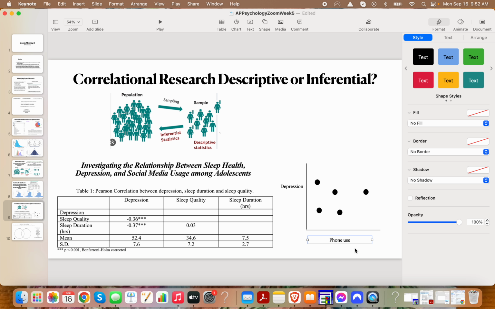So maybe I take a group of young ladies in a country that has no cell phones, and I give one random sample group a phone and I don't give the other group a phone, and I see what happens to their change in depression. Just ignore this part of the slide; I'm using it for something else. So when we have a research design, we might still look for a correlation, but we're manipulating the independent variable. We're not just measuring what already exists.